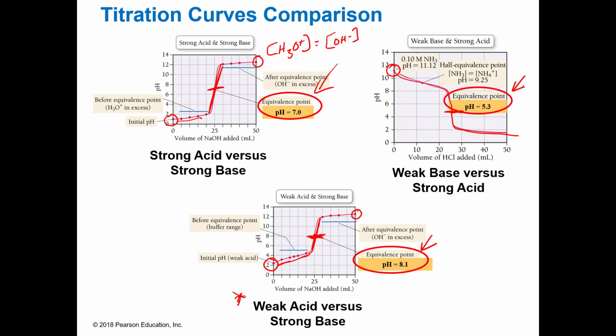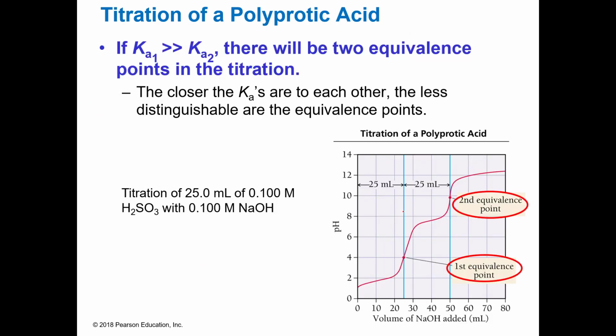Just like we saw in that first one, where we had all acid, buffer, and then all base, you're going to see that same type of pattern in these. Mostly we've looked at monoprotic acids. You can have diprotic or polyprotic acids. When you do that, they're going to have 2 equivalence points, which coincide with losing the first H plus and then losing the second.